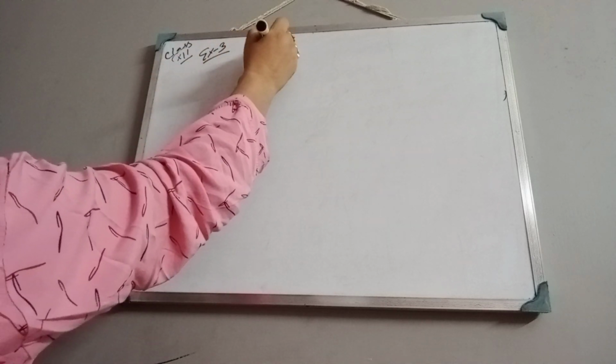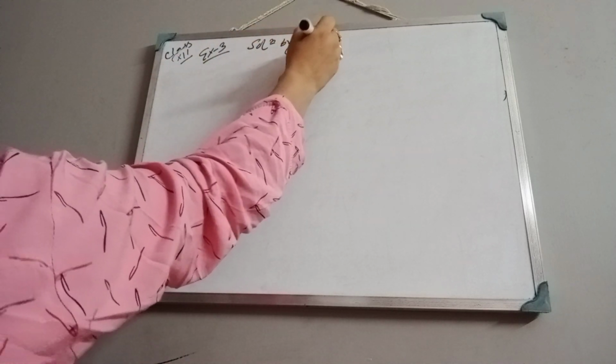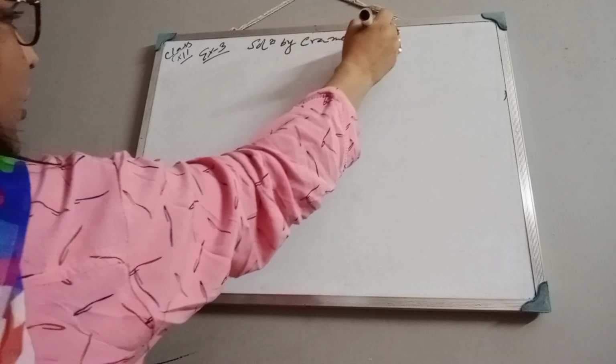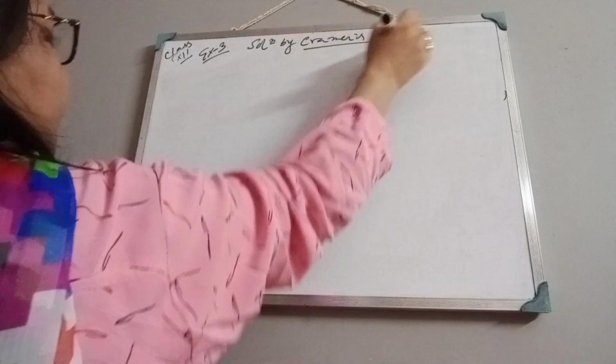Now, class 12, Cramer's rule. This is also another method of solution, already I have said. So, write the solution by Cramer's rule.